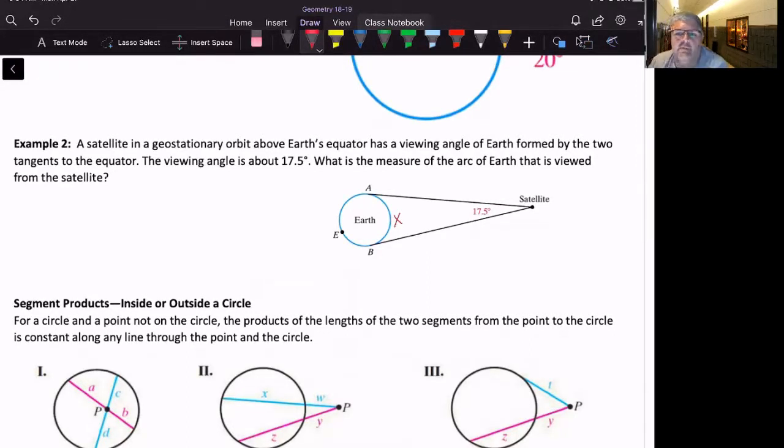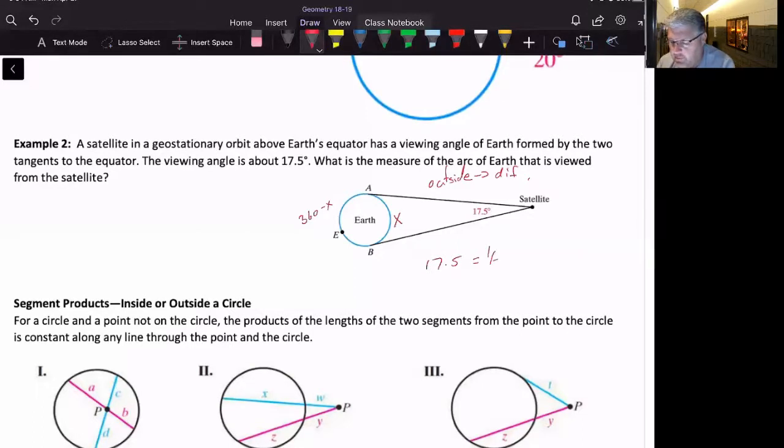Well, first, a full circle is 360. So this other part would be 360 minus x, because we know the part we can see is x, the rest of it's going to be 360 minus x. Since it intersects outside, that's difference. So 17.5 is the angle formed by the two tangents.